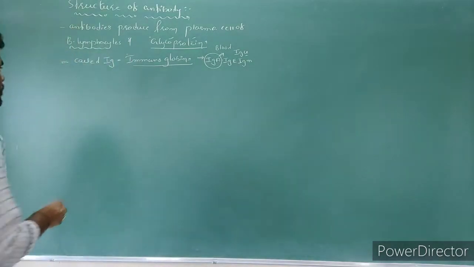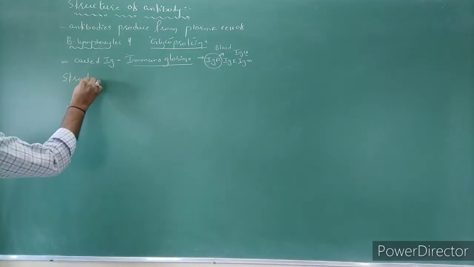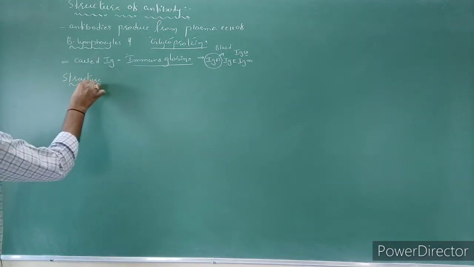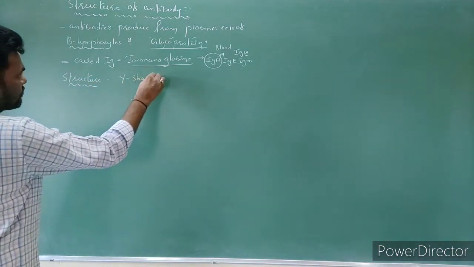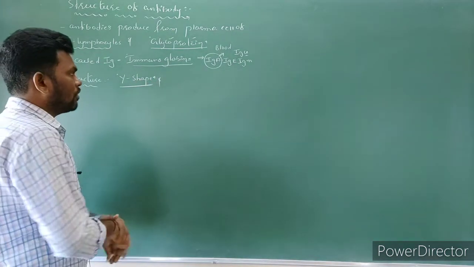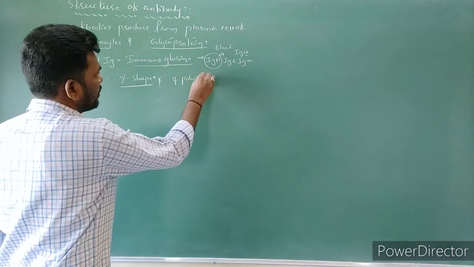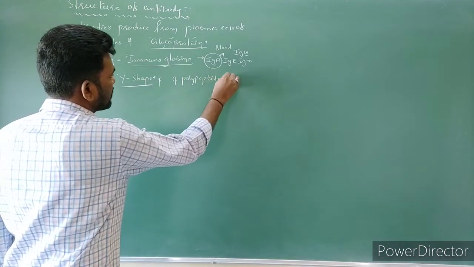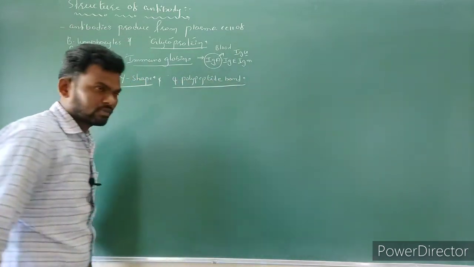If you focus on the structure of antibody, it is Y-shaped, and it is made up of 4 polypeptide chains.